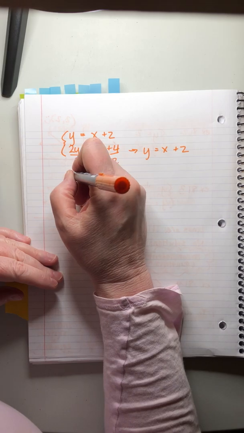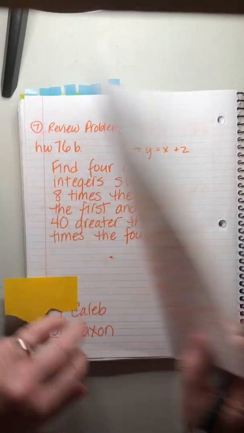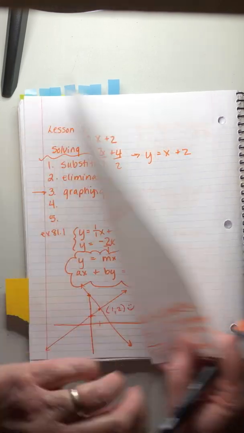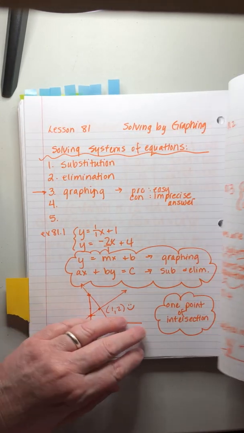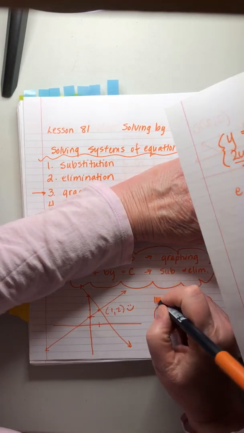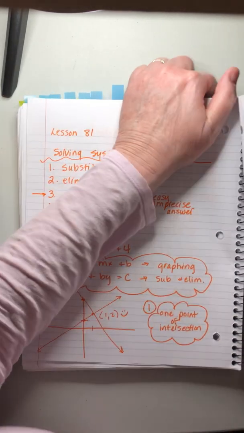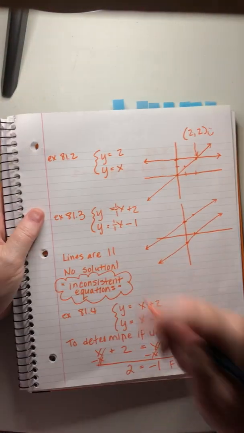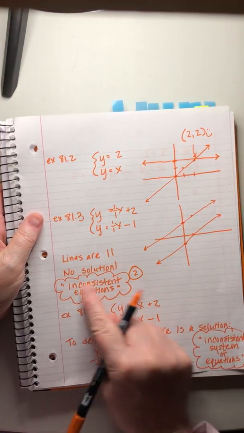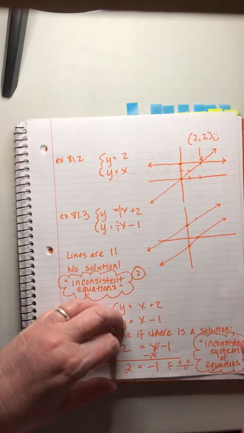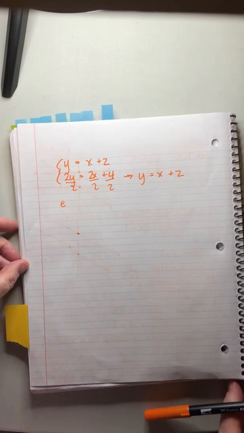So in this third type, let me just put numbers on them because that will be easier to remember. Okay, the first type was when we had 1 point of intersection. The second type was when we had inconsistent equations because the lines were parallel. And the third type, sorry, I feel better when I number things.